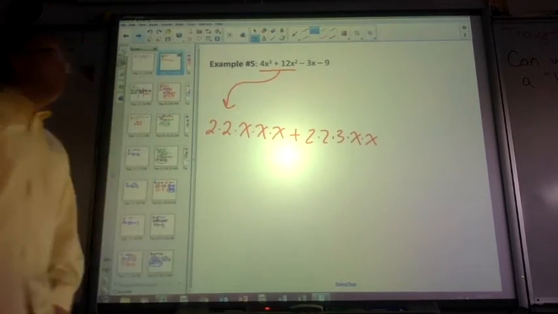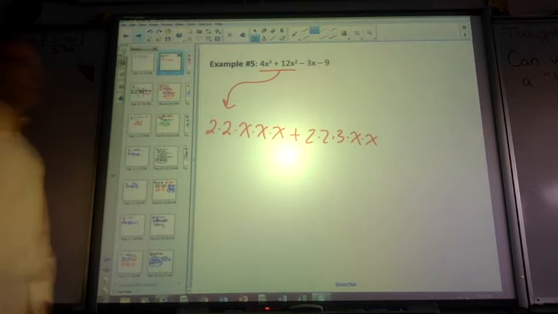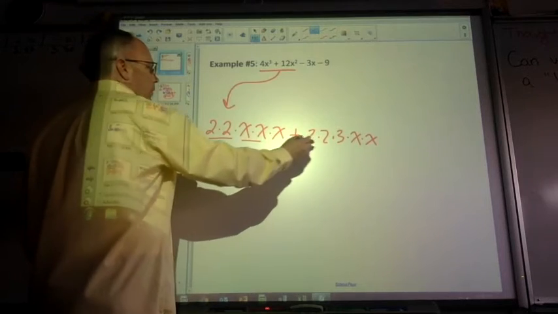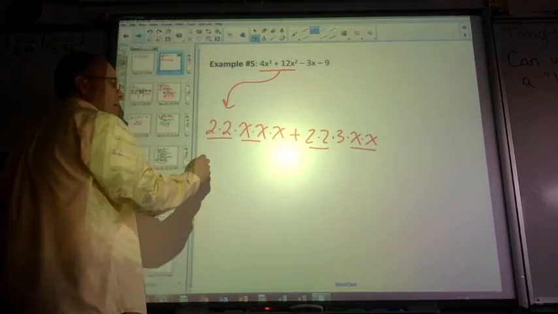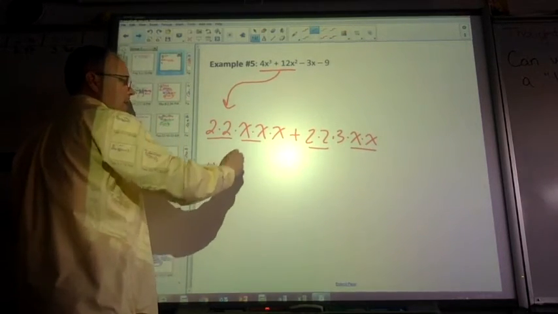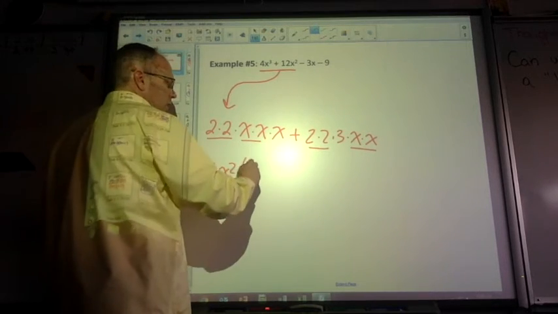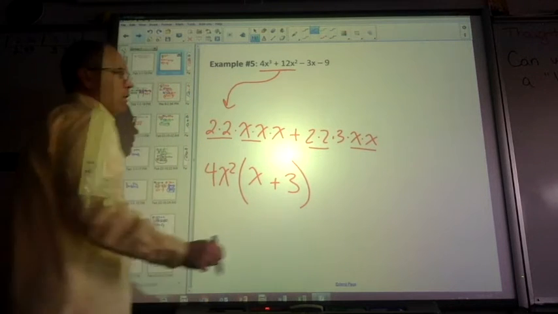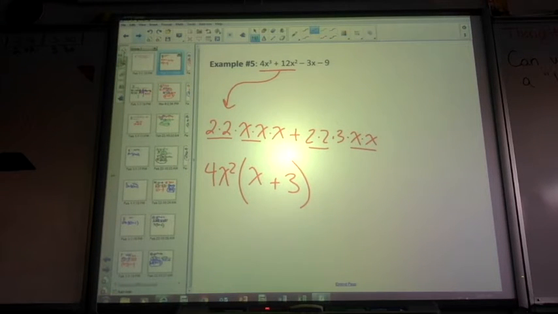Are you okay with that being factored down to that? It looks like I have a 2 and a 2 and an x and an x that I have in common. Agreed? So that means I have a 4x squared outside. I have an x left here, plus a 3 left there. I'm good so far. Everyone happy with that so far?